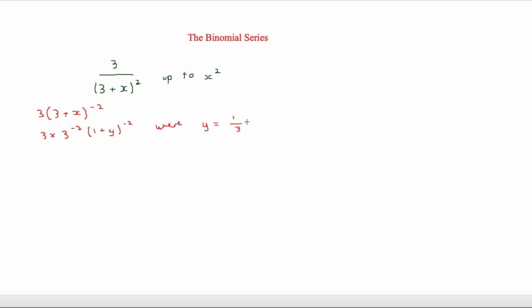It just makes it slightly simpler as we go through the steps if we keep it as y, and then we can substitute the x back in at the end. So simplifying this further, we've done the first few steps to make it less tricky. This can go to now 1/9, and then we're keeping this the same, so (1 plus y) to the minus 2.